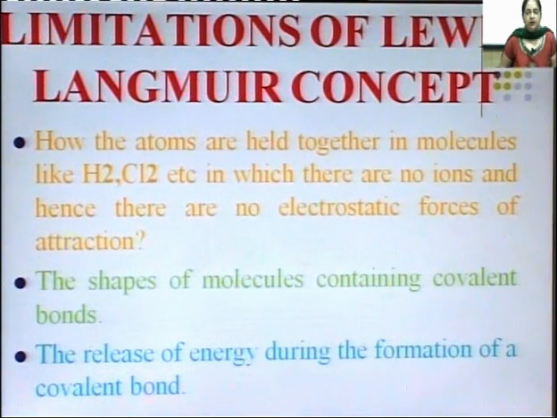Limitations of the Lewis-Langmuir concept. First, how the atoms are held together in molecules like hydrogen and chlorine, in which there are no ions and hence no electrostatic forces of attraction.